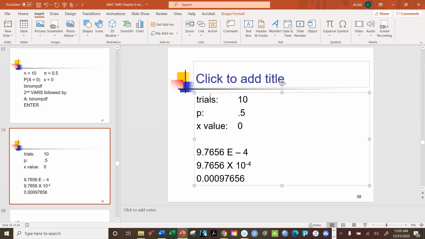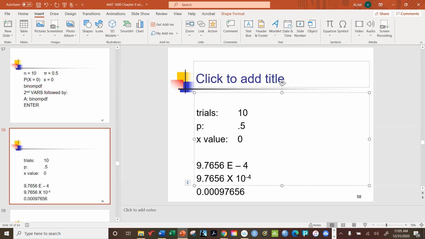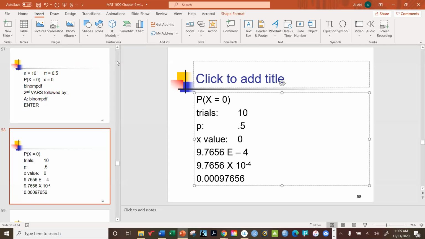So that's a tiny little probability. This is how we get the probability that x equals 0. Why don't we do the same thing for 1, 2, and 3, and then add them up and see what we get.